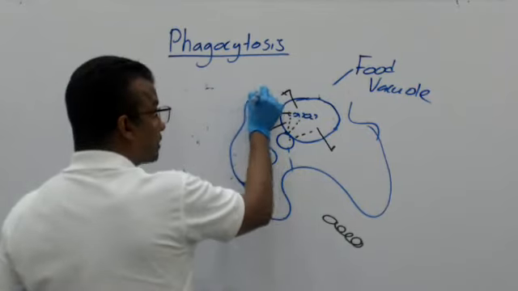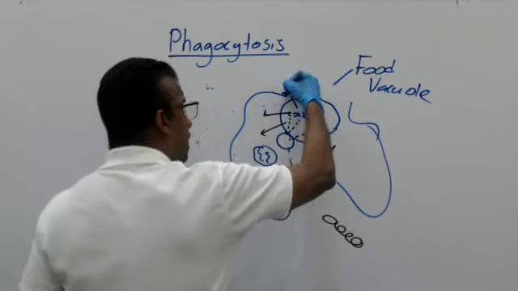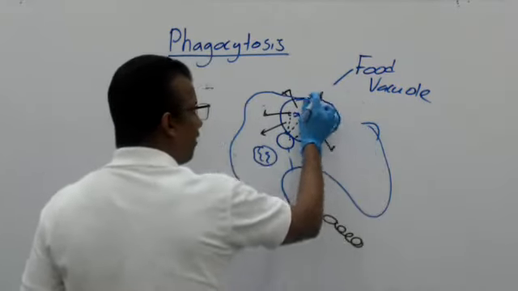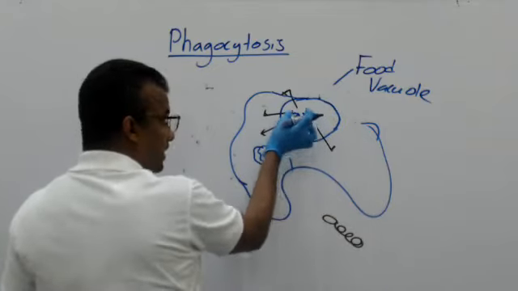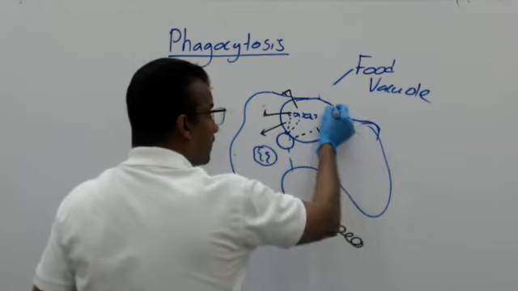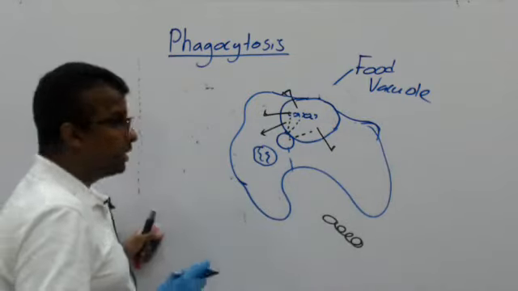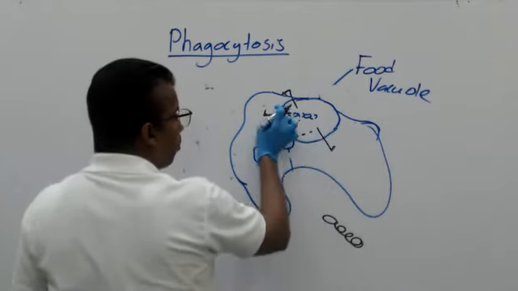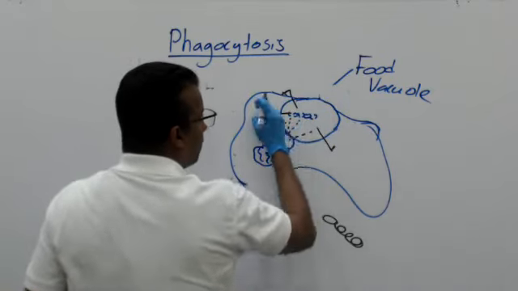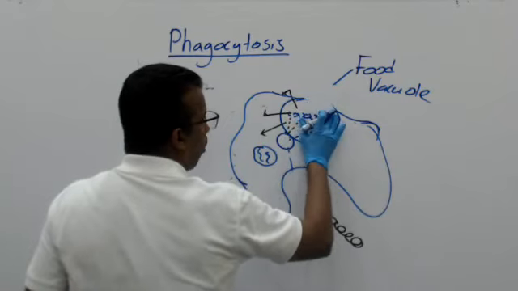Now look at this. The plasma membrane of the amoeba and that food vacuole, which now basically has waste product, is in contact. That particular food vacuole is in contact with the outer membrane and it opens up.